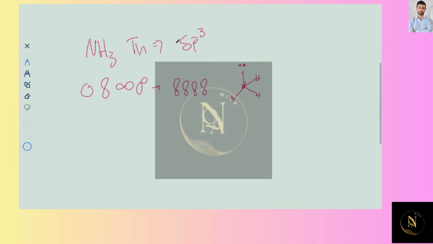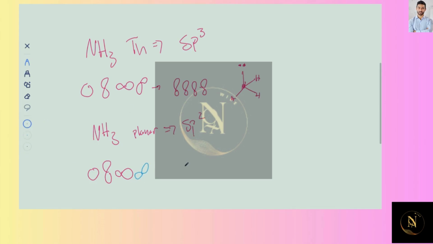It obviously can't be sp3. sp3 hybridized nitrogen is tetrahedral. Trigonal planar would correspond to NH3 being sp2, the combination of an s orbital with 2 p orbitals and 1 p orbital just left out.